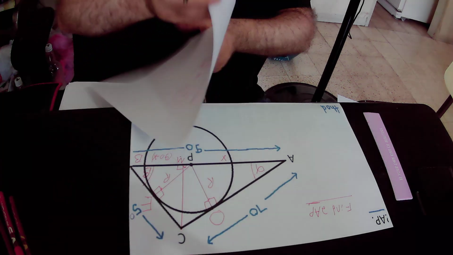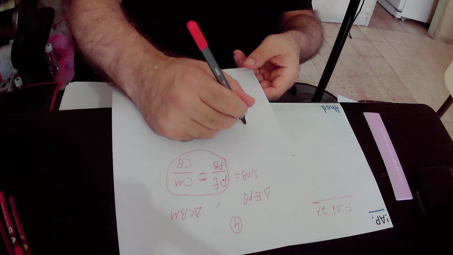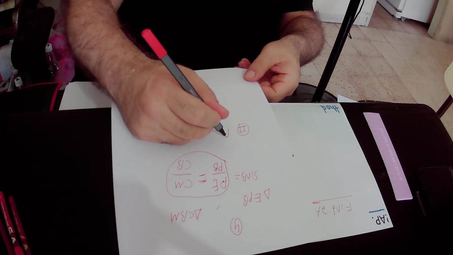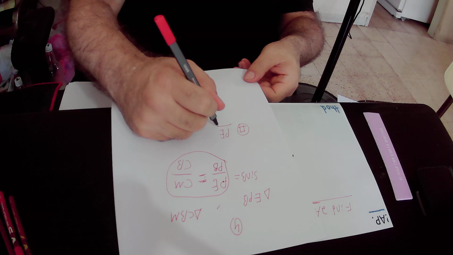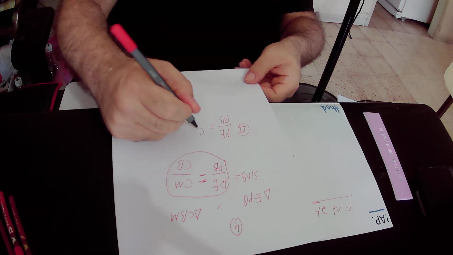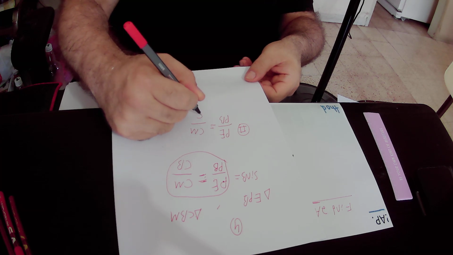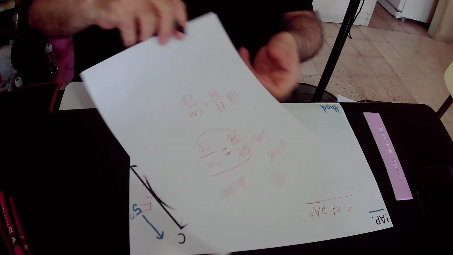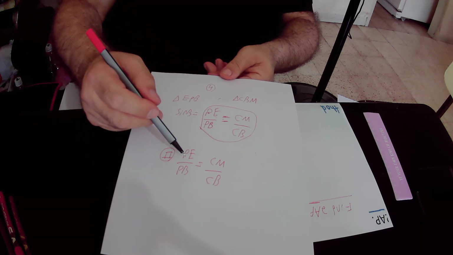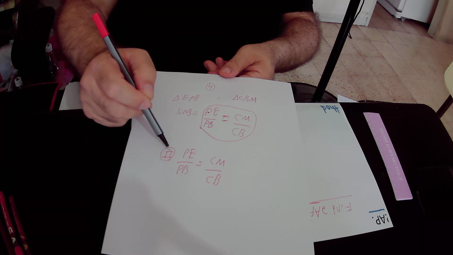So the second equation will be PE over PB equals to CM over CB.